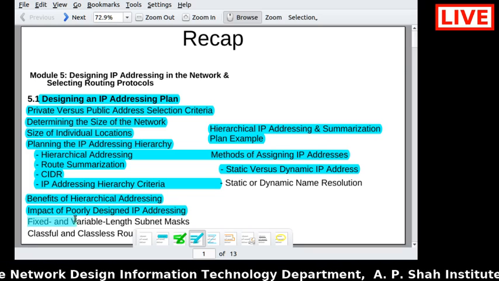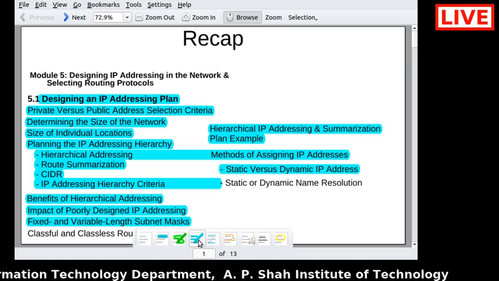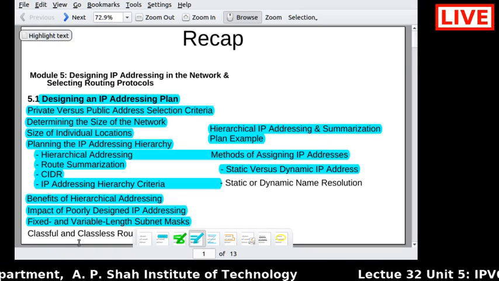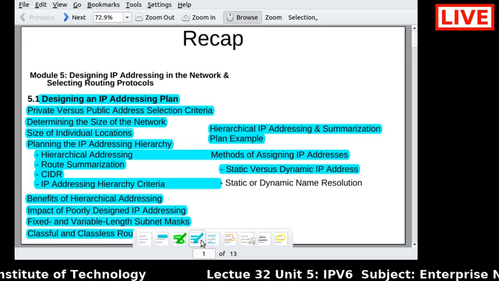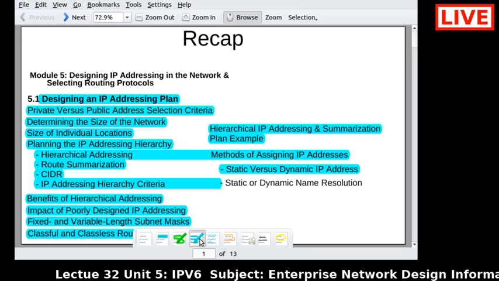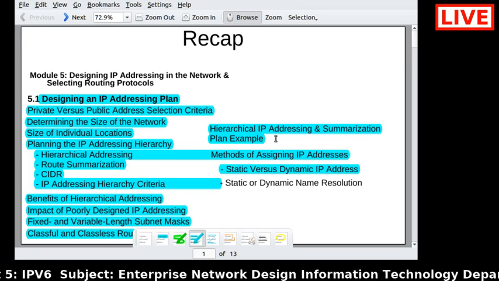Then we studied FLSM and VLSM. We have seen that VLSM is better than FLSM. Then we discussed classful and classless addressing, and nowadays we are using classless. Then some plans with respect to hierarchical IP addressing we discussed.